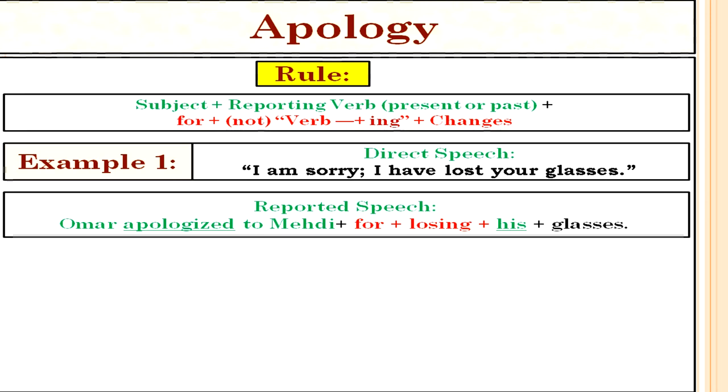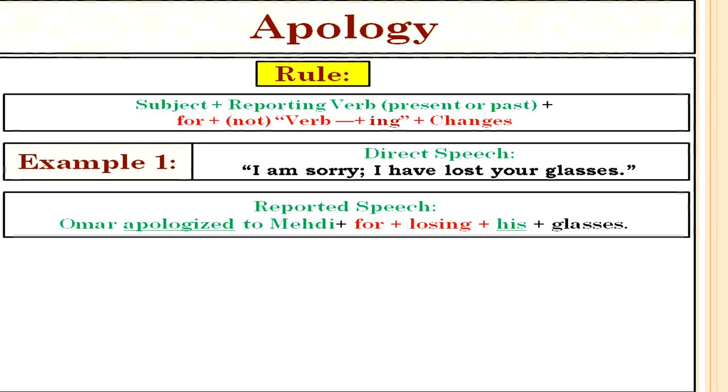So for plus the verb plus ing. So the verb exists in the second part of the sentence, which is I have lost your glasses. The main verb, not the auxiliary, is lost. Lost is the past participle of the verb lose. So we take the verb lose and then we add ing after omitting the letter e. So we say for losing.